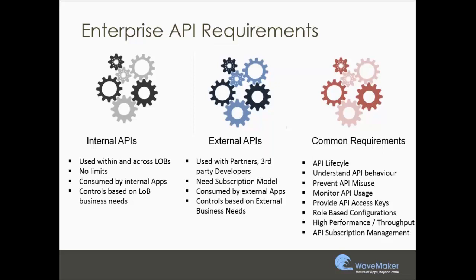There's also need for making sure that APIs are secure and can be monitored in real time as they are being used and consumed. And then there are the obvious requirements around high performance and throughput as these APIs are consumed in high volume and in mission critical environments.